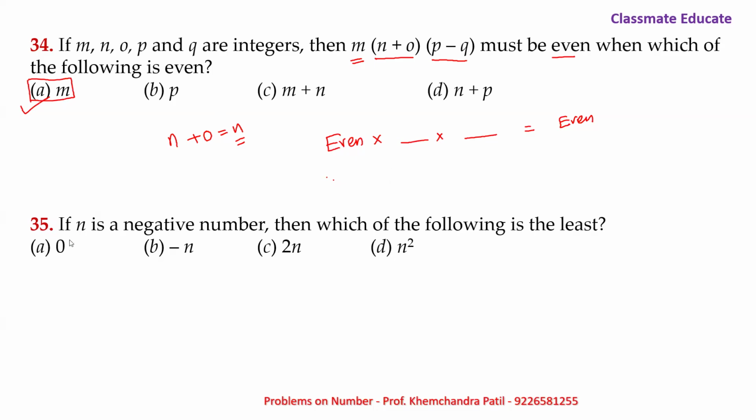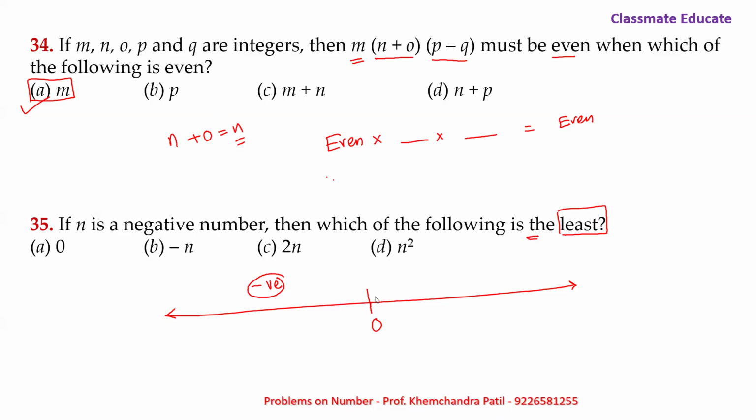Okay, let us discuss question number 35. N is a negative number. Which of the following is the least? If you have seen the numbers on the number line, 0 divides the number line into two equal parts, and all the numbers on the left side of 0 are negative.